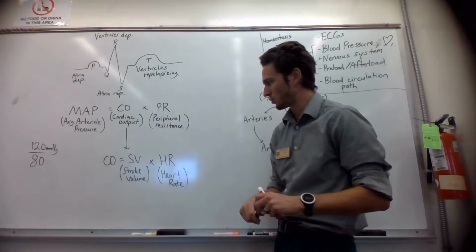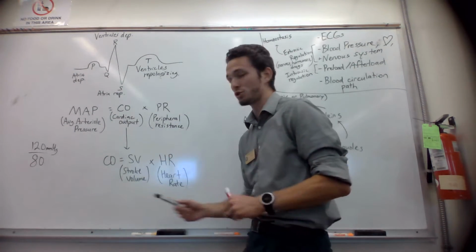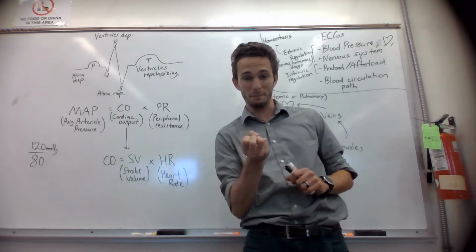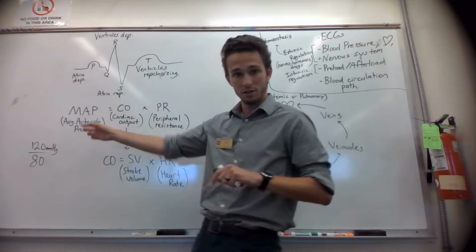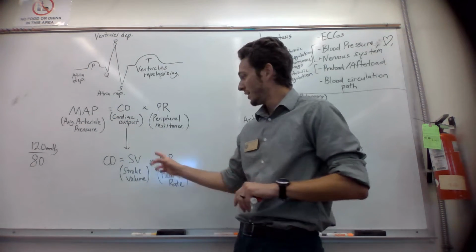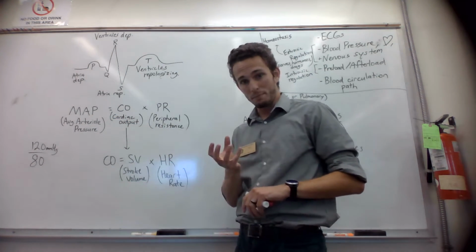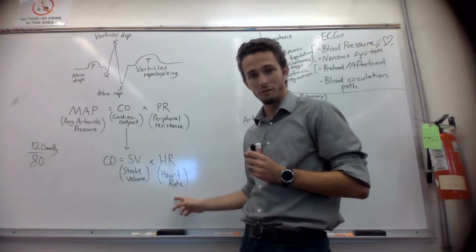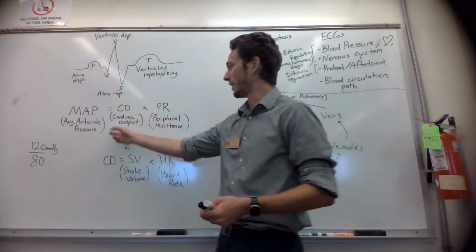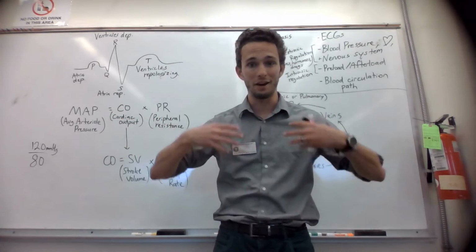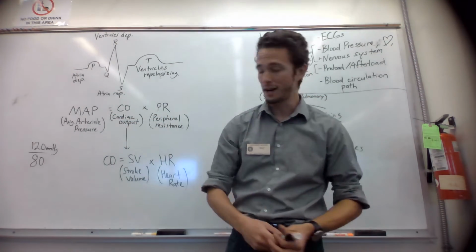Well, that means we're going to be taking the stroke volume, so how much blood is being ejected per pump, specifically in the ventricles, because the ventricles are going to be pumping through the arteries. Ventricles pump, measure the amount of volume per pump, multiplied by your heart rate, which is in beats per minute, right? So therefore, your cardiac output is how much blood you're pumping out every minute, all right?